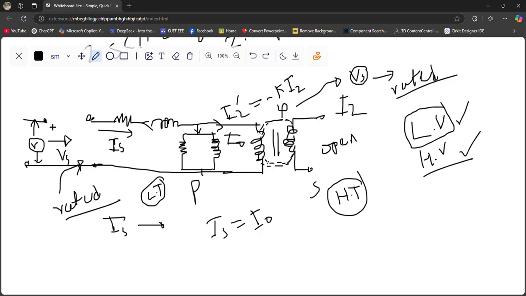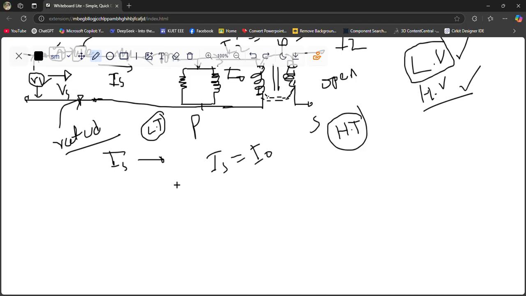Then we have to measure the current flowing inside the circuit with the ammeter, and then we can measure the power with a wattmeter. So which three things are we getting? First of all, the supply voltage, then the input current, and then the power.